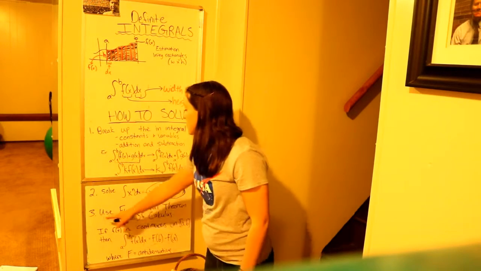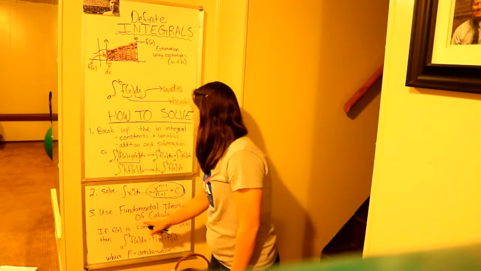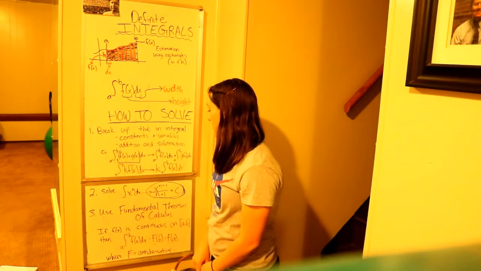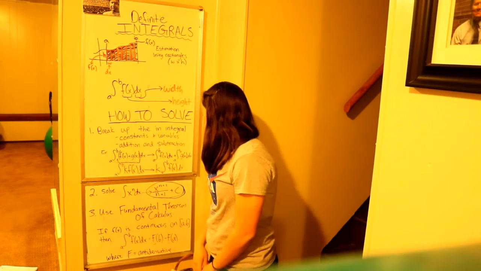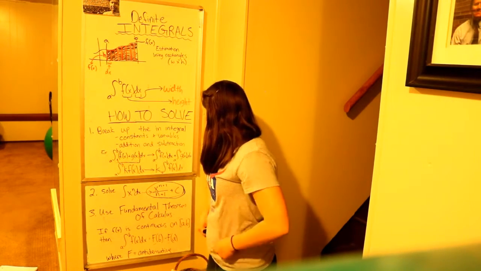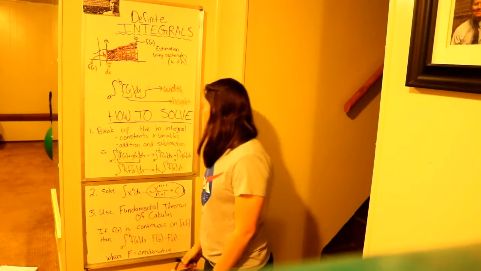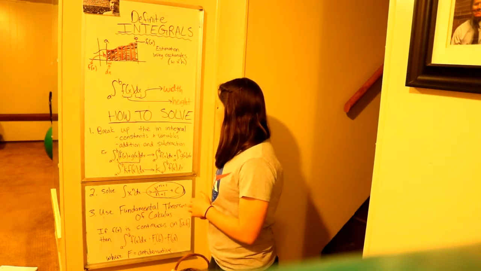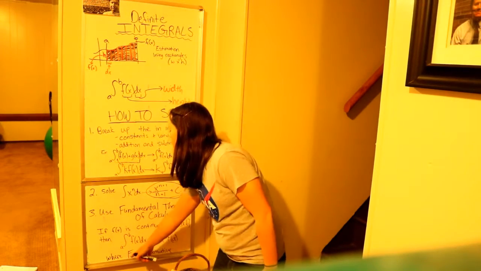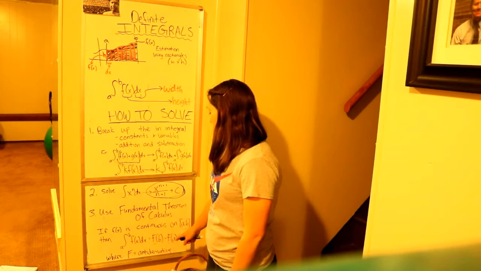And now, since we're doing a definite integral, we have this third step, which is using the fundamental theorem of calculus, which states if f of x is continuous over the interval a to b, then the integral from a to b of f of x dx equals F of b minus F of a, where capital F equals the antiderivative.